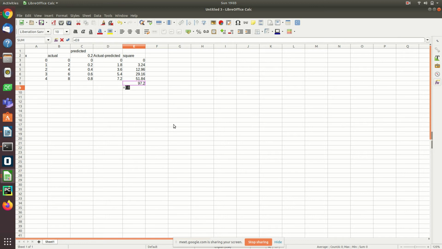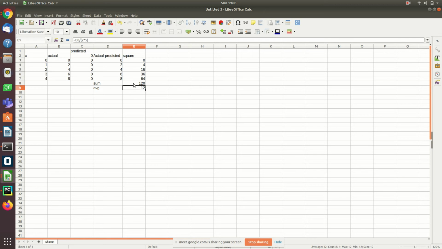This is equal to this times this. Then the sum, because I want all of them, not just one minimum, I want the sum. This divided by 2 times the number of elements, which happens to be 5. So when my assumed slope is 0, this is the sum, this is the average. This is the error. The error is defined by the square average. Average is divided by 2n.